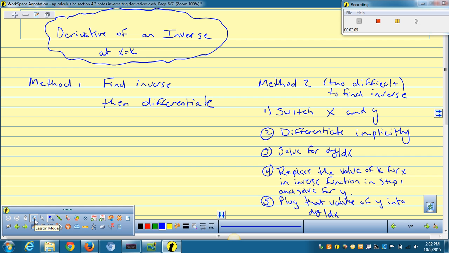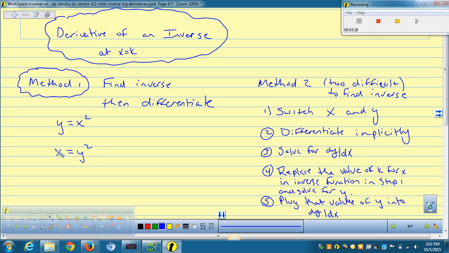And then I wanted to talk quickly about the methods for finding the derivative of an inverse at x equals k. The first thing that we can do is find the inverse function and then differentiate. So if we had y equals x squared, we could switch the x and the y and solve for the new y. Here we get plus or minus square root of x, which is not actually a function.